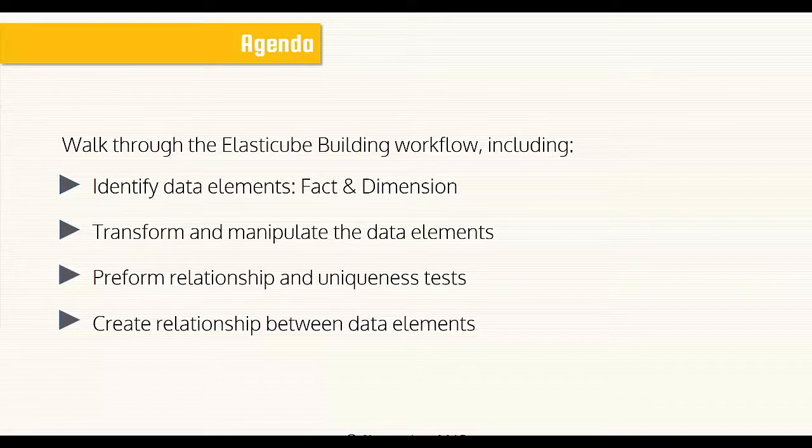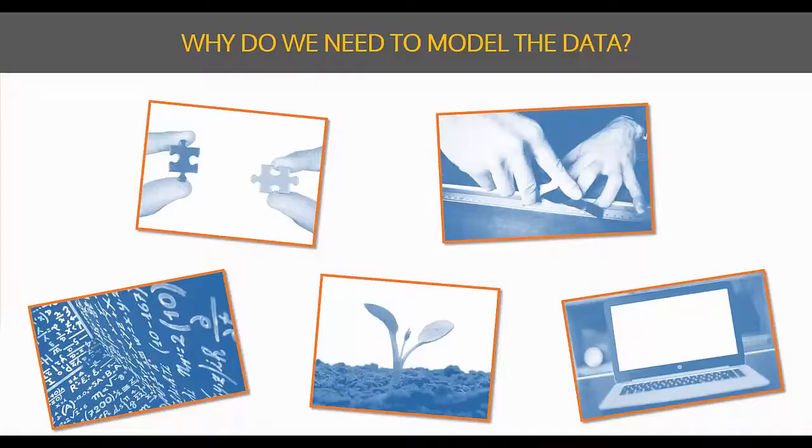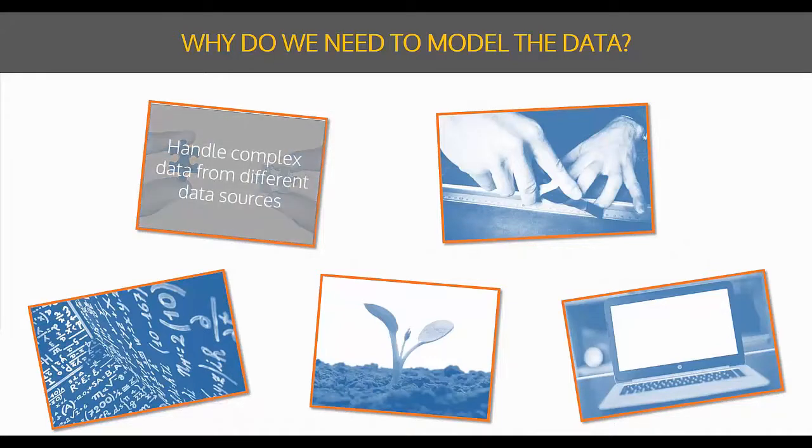Okay? So before we even start, let's ask ourselves, why do we even need to model our data? And so we have 5 major motivations behind it. First of all, we model our data in order to handle complex data from different data sources, okay?